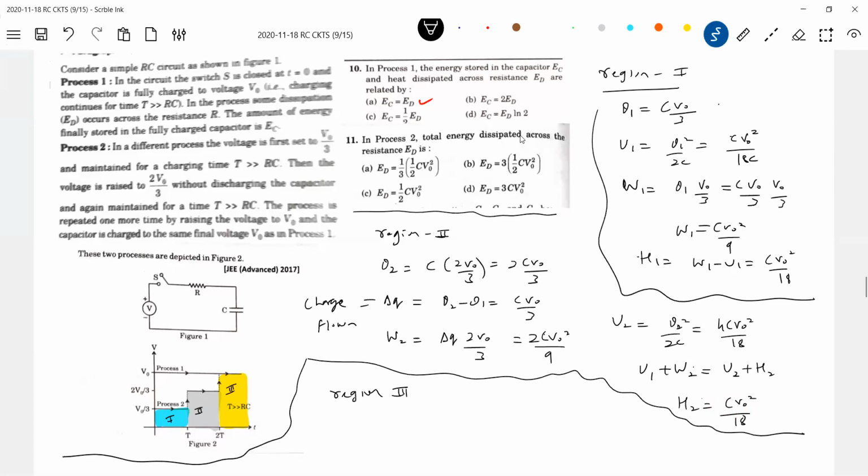Again, the same idea. Final charge will be C into V naught. Then the final energy stored in the capacitor will be, then the additional charge flown through the circuit.